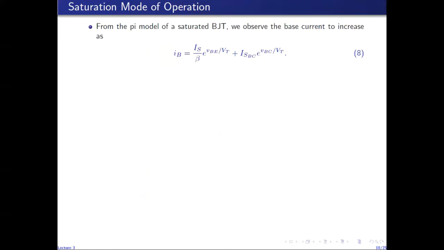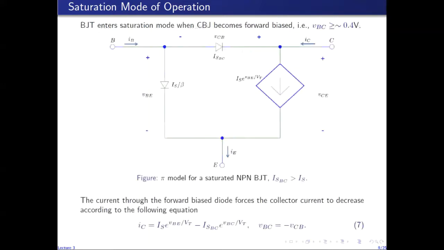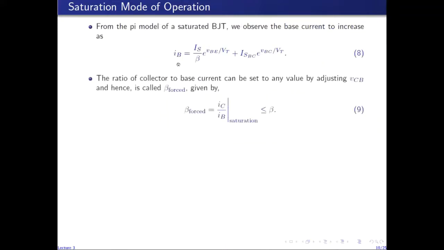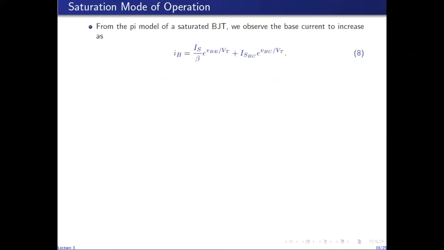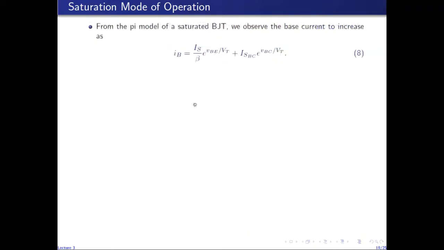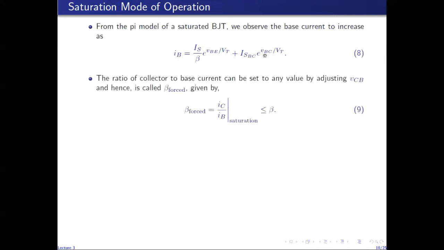So for a transistor operating in saturation mode, not only is its collector current reduced, but its base current is increased, which means that the ratio of collector to base current is reduced. And this ratio is now called beta forced. It is called beta forced because we can set any value of the collector current as well as the base current by choosing an appropriate value of the base-collector voltage.